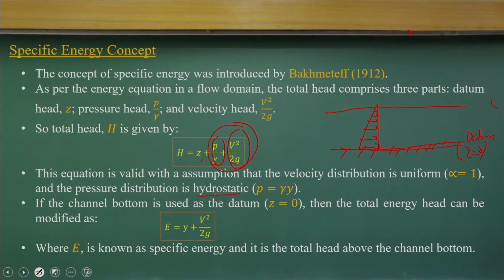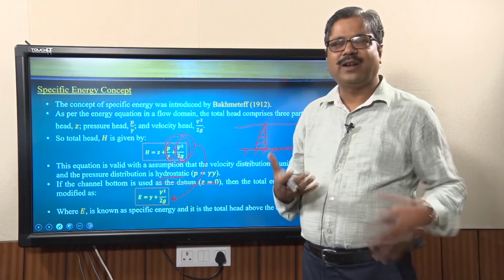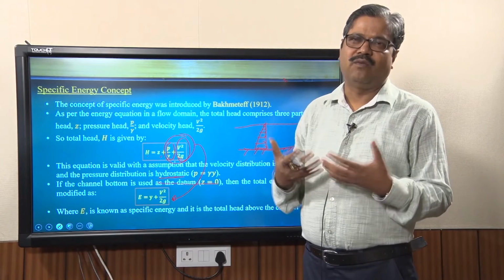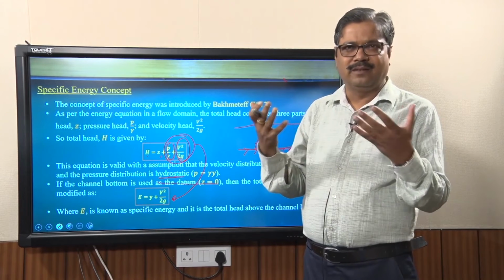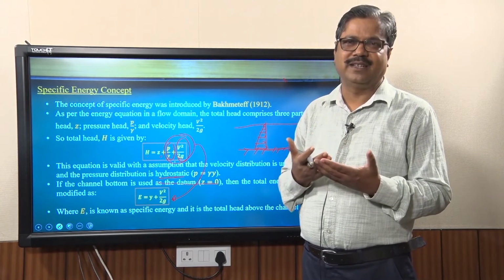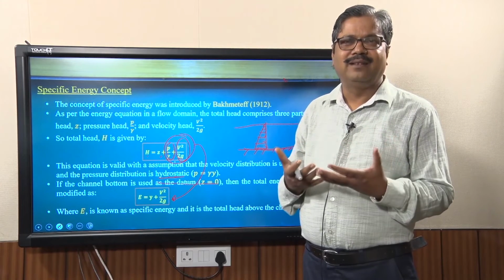So if you have a hydrostatic pressure distribution and I assume the channel bottom as the datum, the energy equation is very simplified into this form. We are just getting the energy per unit weight for a channel where the pressure distribution is hydrostatic and the channel bottom is the datum.